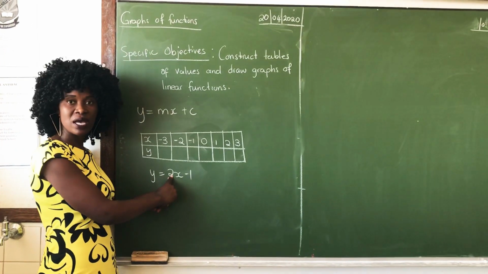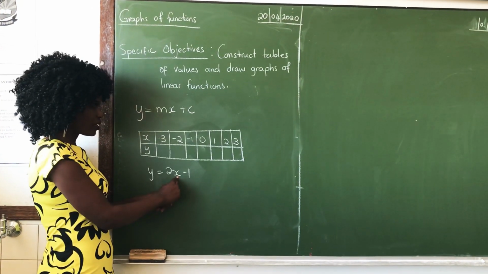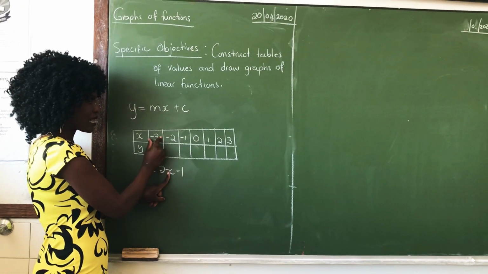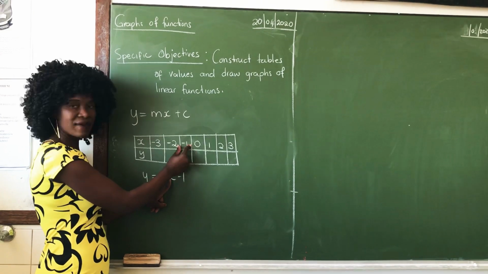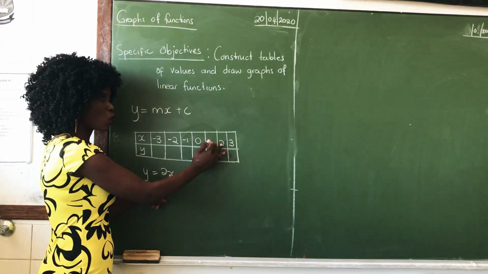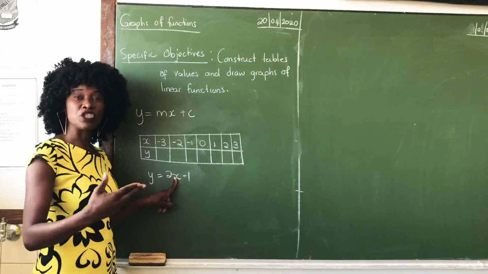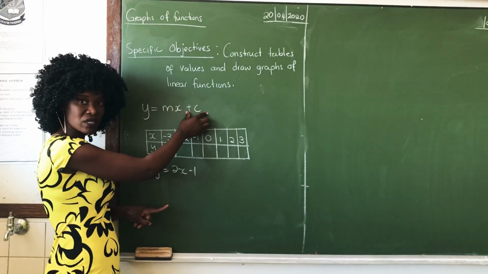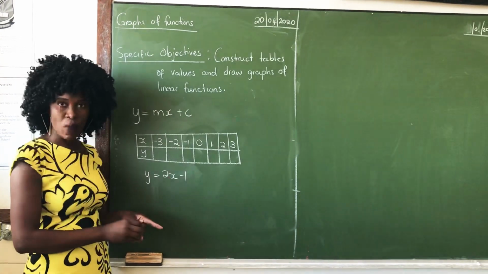The value of x will keep on changing as we do the calculations, using -3, -2, -1, 0, 1, 2, and 3. And our value of c, which is the constant, is -1.